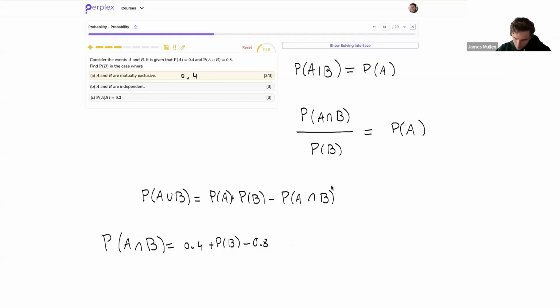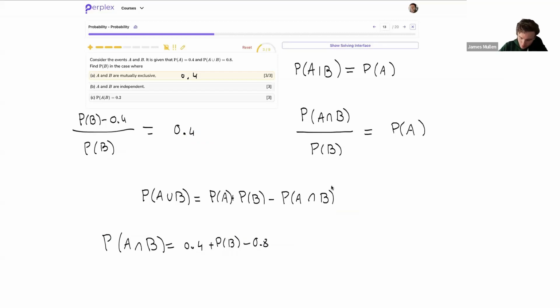Okay, and therefore I can plug that into the formula I have above and say that P of B minus 0.4 divided by P of B is equal to P of A, and P of A is 0.4.